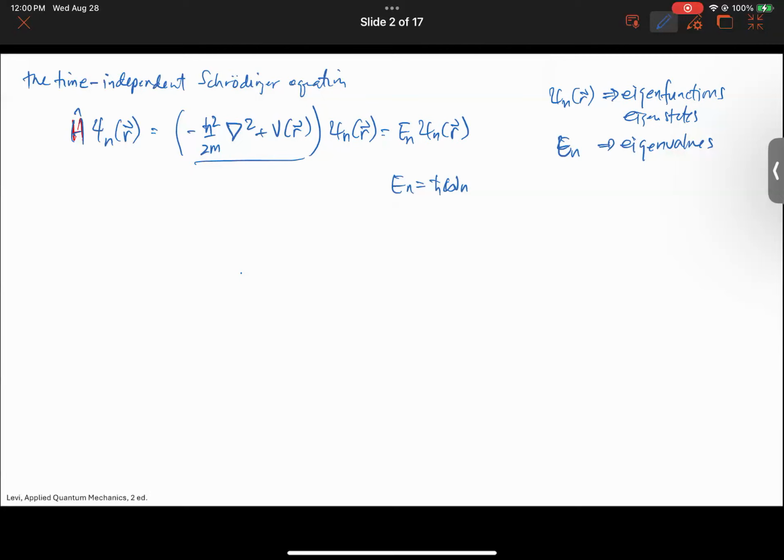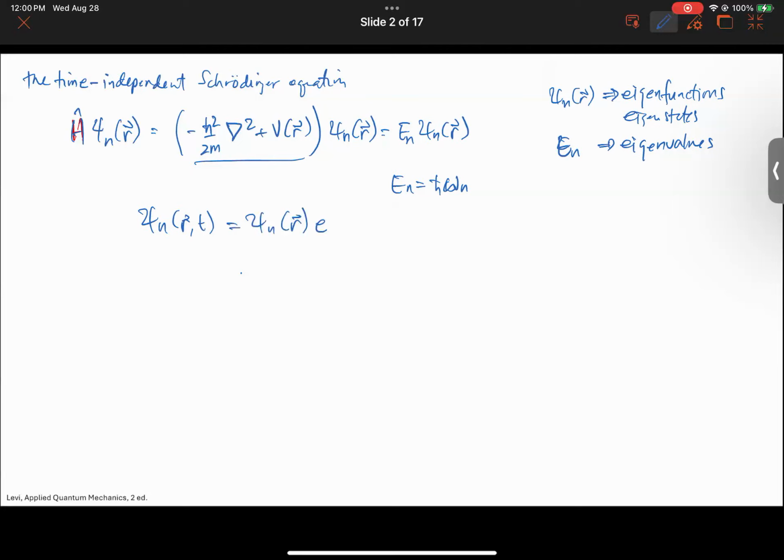And the psi sub n, the eigenstates, was derived from the time-dependent wave function by doing a separation of variables.